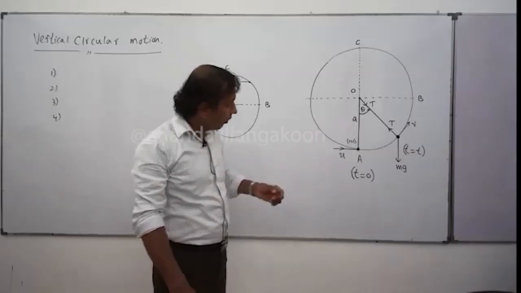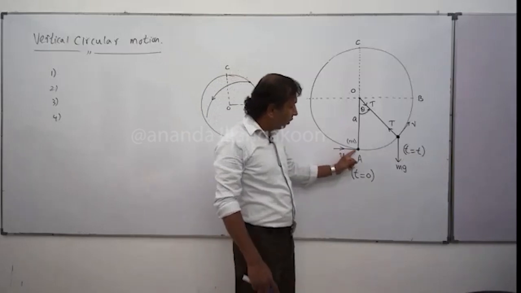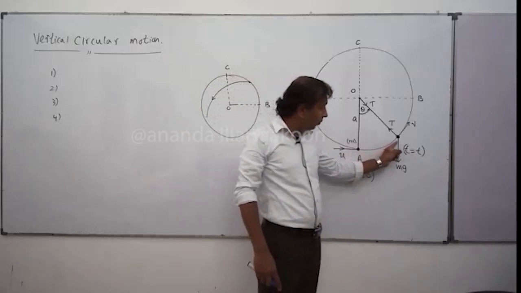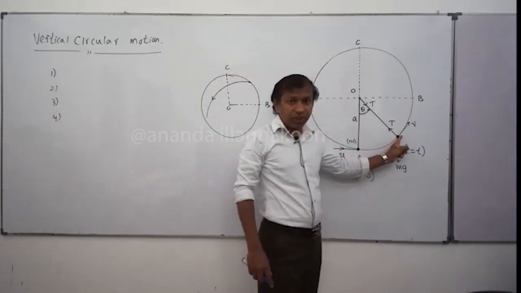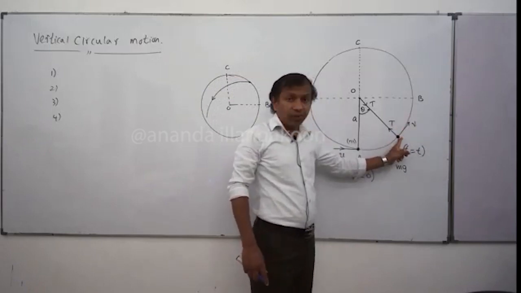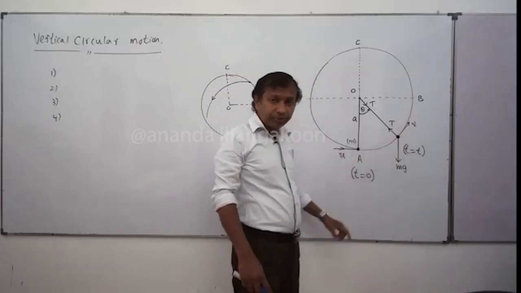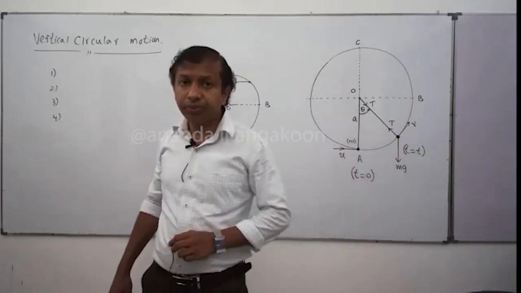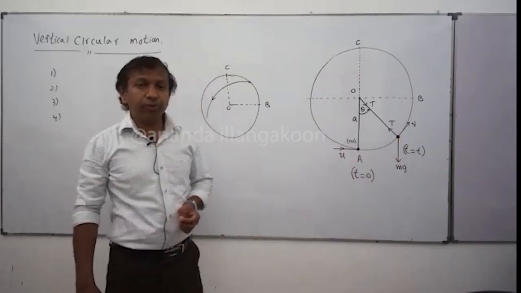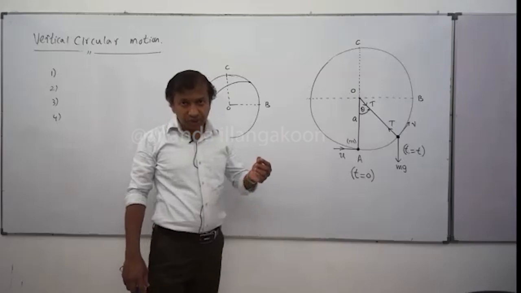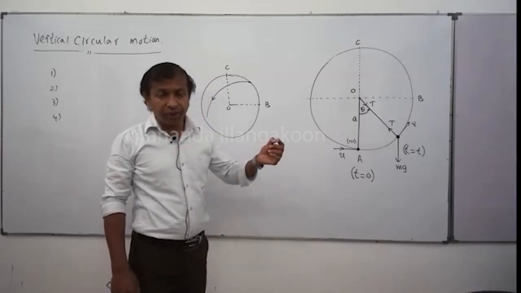For example, if we give the initial u a small value, the particle moves on the circle like this. Suppose somewhere here the velocity becomes 0. No longer does the particle rise on the circle; with velocity 0, it comes back.